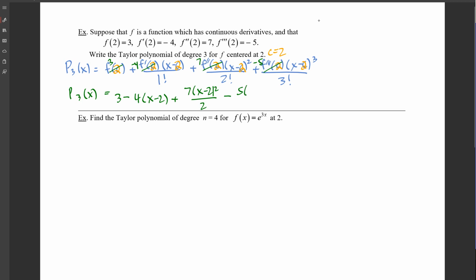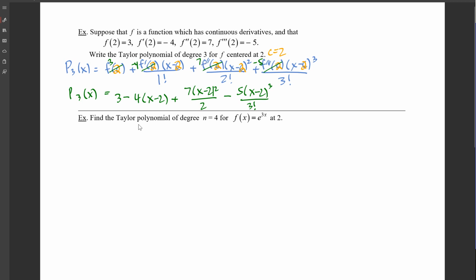This will be minus 5 times x minus 2 to the third degree over 3 factorial, and you can write 3 factorial, or you can write 6. All right, so this will be the answer for the polynomial for f to the third degree.